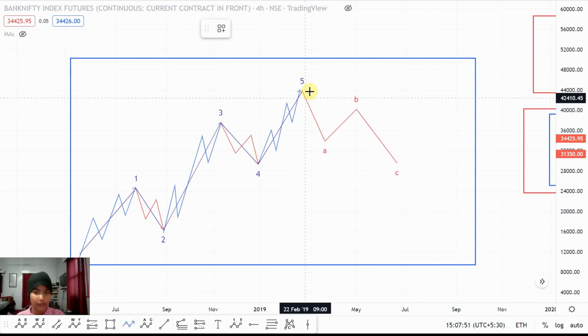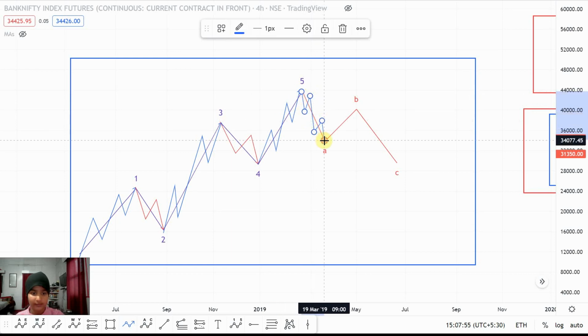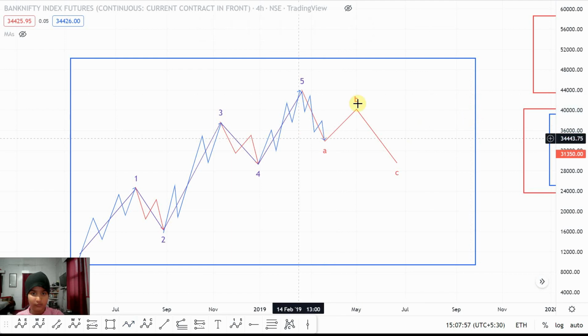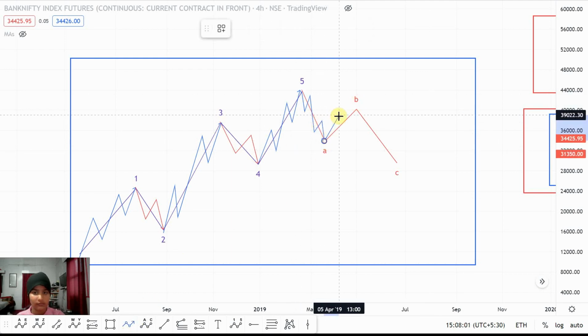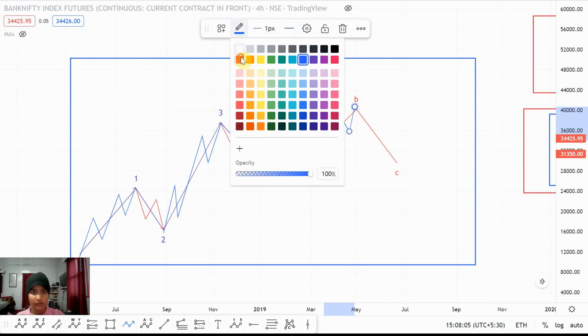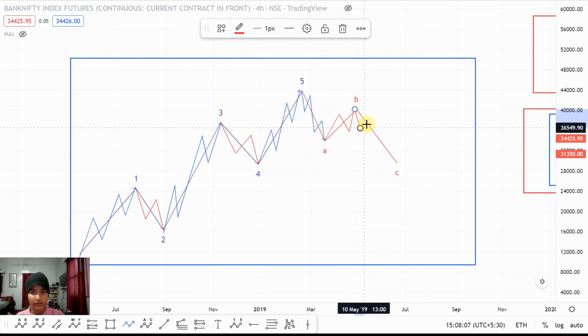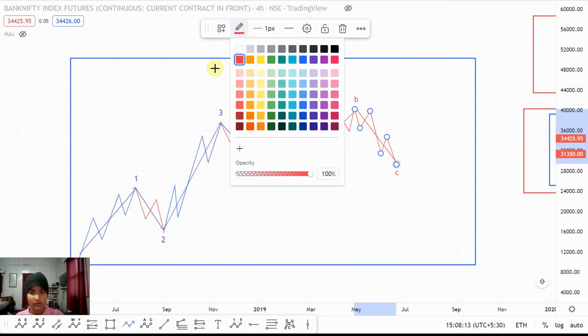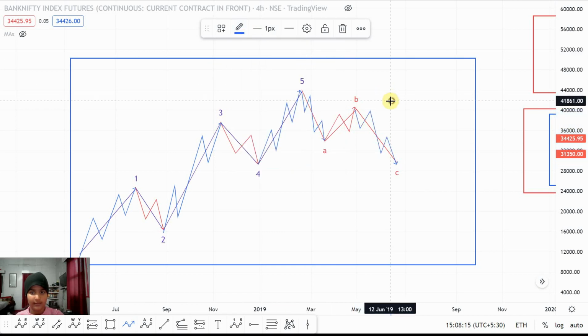So for A, we should have 5 waves like this, then 3 waves of correction, right, and 5 waves as this.